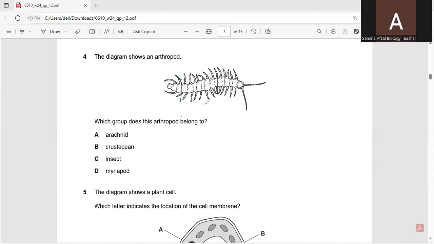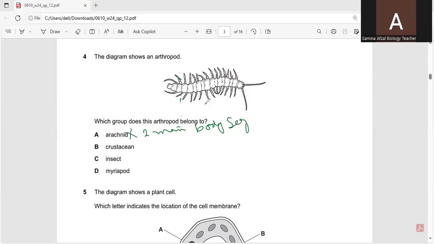The first option is arachnid. Arachnids are spiders and scorpions, which have two main body segments. So A is not correct.